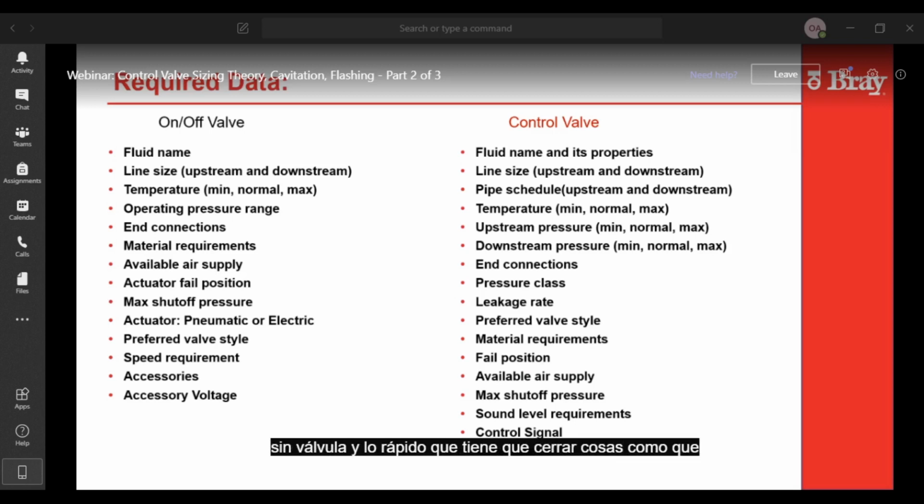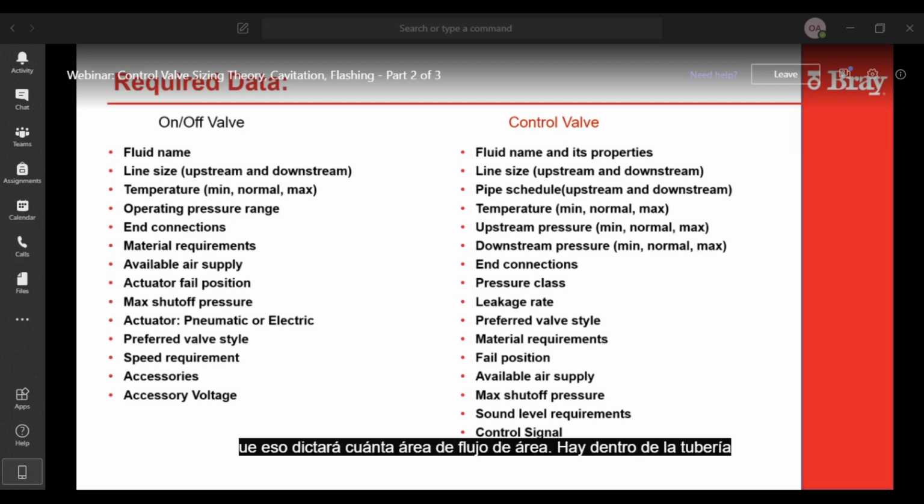And for a control valve, we need a lot more information. We definitely need a lot more fluid detail. We need to know the fluid name, its properties, and the line size upstream and downstream. We also need to know the pipe schedule because that'll dictate how much flow area there is inside the pipe.